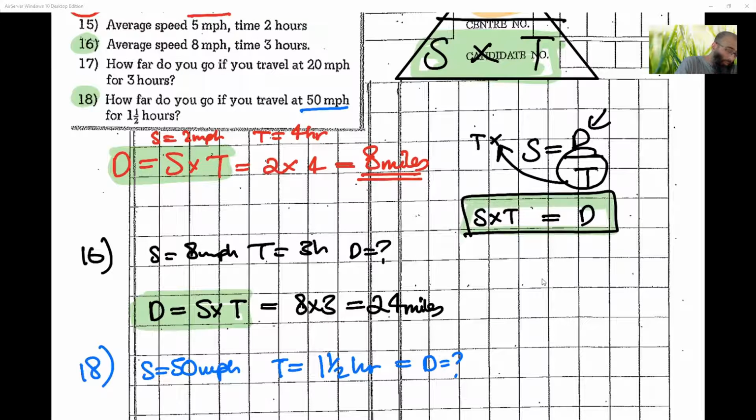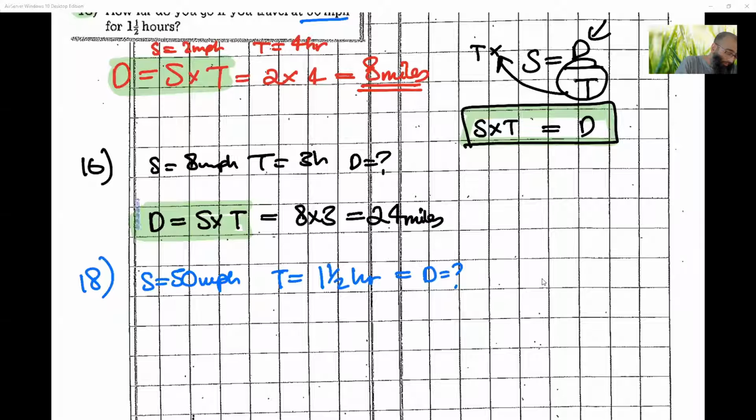So distance equals speed times time, which you can work out by rearranging the original formula. Let me just quickly copy that one out. And what's the answer going to be? It'll be 50 times 1.5.